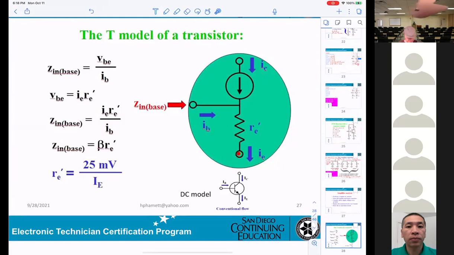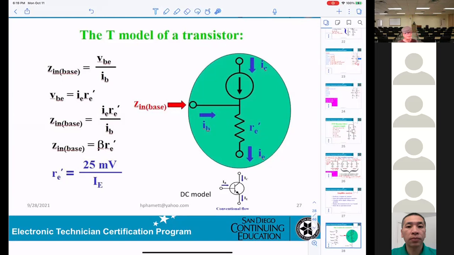However, for AC, it is substituted by the resistance R prime E. So basically, in the AC model, you don't have any diode here. It will be a resistance. Okay? And they can also tell you Z in base.